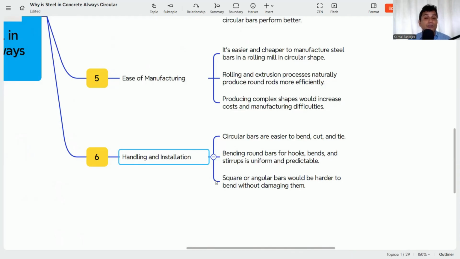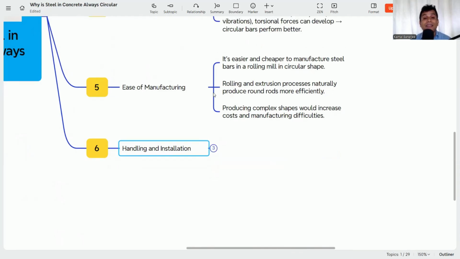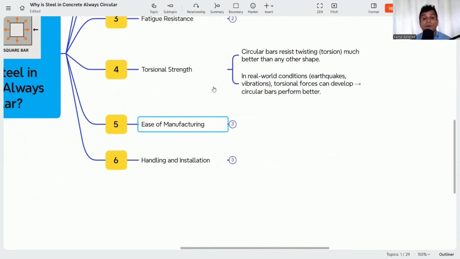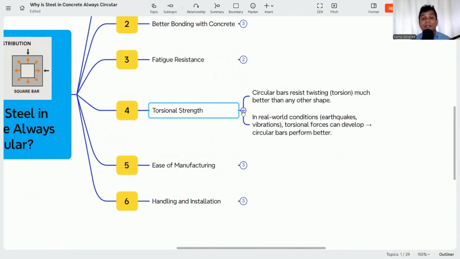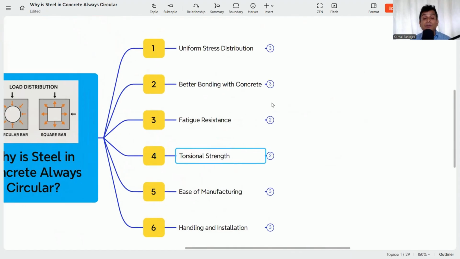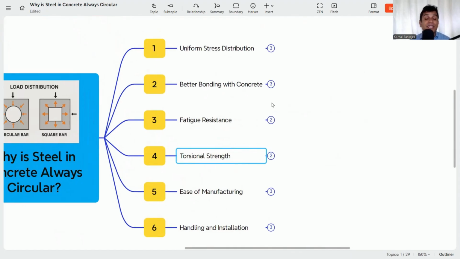Also, when we provide the development length, the stress transfers from steel to concrete and concrete to steel, and the circular bar performs better than any other square or rectangular bar. That is why we always use the circular bar.